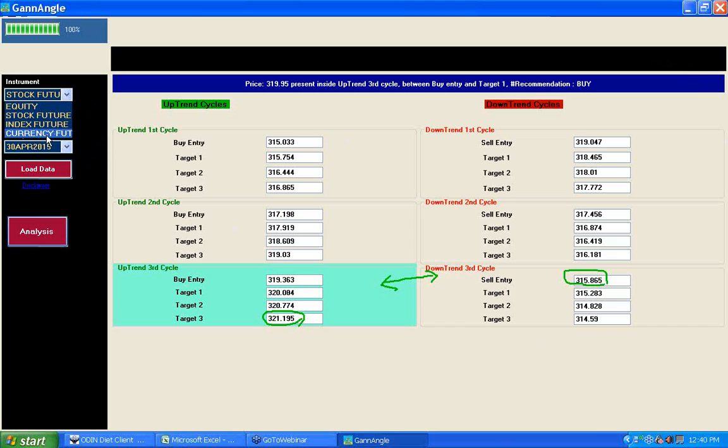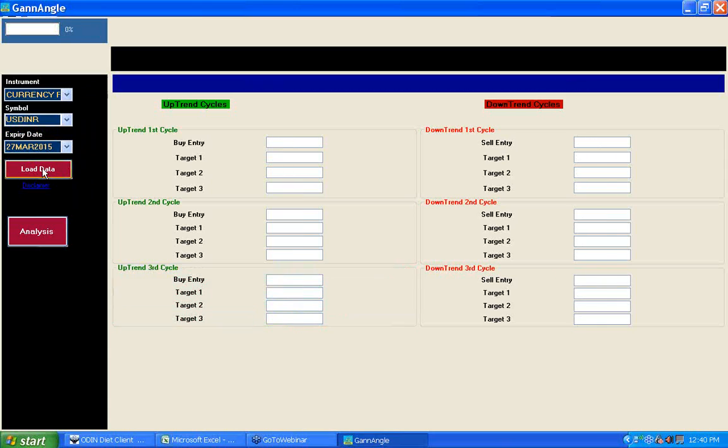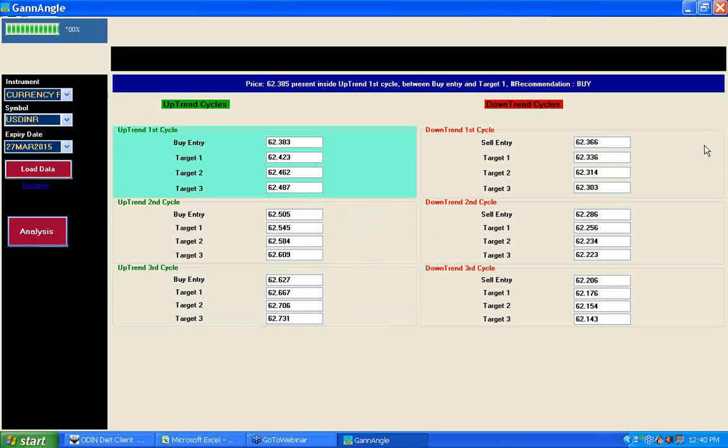Similar way, I can trade in the currency future also. All the currency symbols will get loaded, and I have to load the symbol, then analyze. So it will be telling me what price, what cycle I am in now. So the current price reference being taken is 62.385, present in the upward cycle 1, and it is in the buy entry target 1.